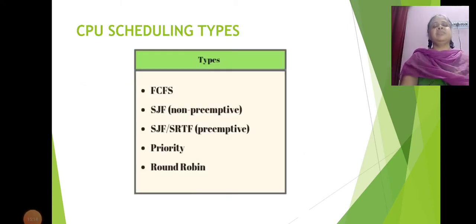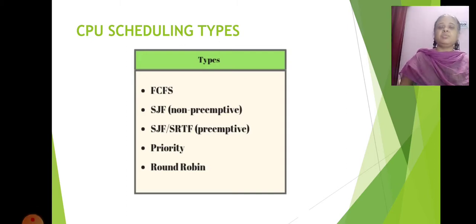These are the different CPU scheduling algorithms: FCFS, first come first serve, shortest job first, under which there is non-preemptive, then again shortest job first, or SRTF, preemptive, priority, and round robin scheduling.